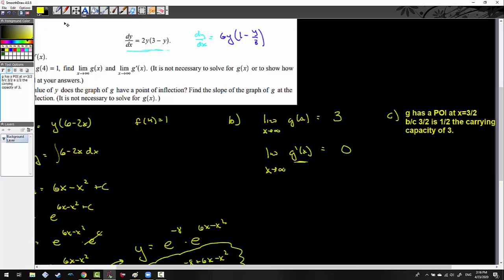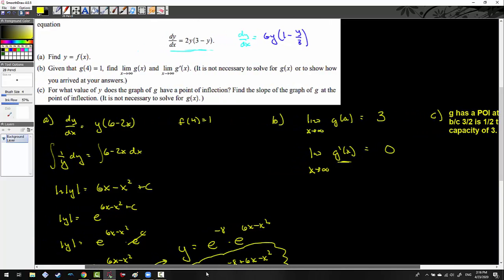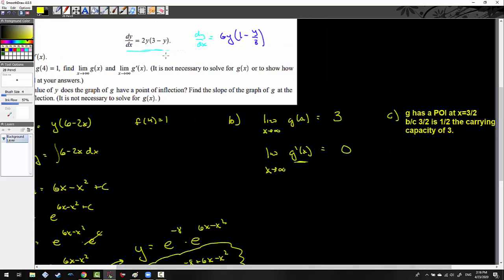Now actually, I don't think it even asked you to justify why that was a point of inflection, but you know, it's always good to know why that is. And now we have to find out what the slope is at that moment in time. So that's going to be dy over dx at y equals 3/2. Well, what is that?